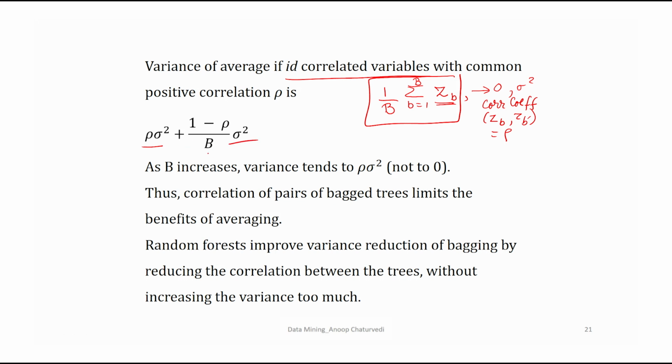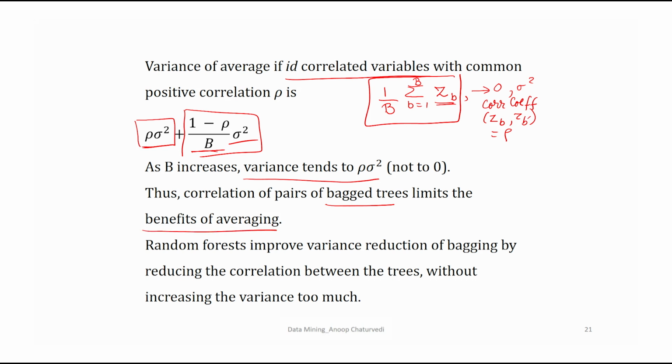Now, if we increase B, then this part goes to 0, but what about this part? This part remains independent of changes in B. So the variance tends to rho sigma square, not 0. So the correlation of pairs of bagged trees limits the benefits of averaging.